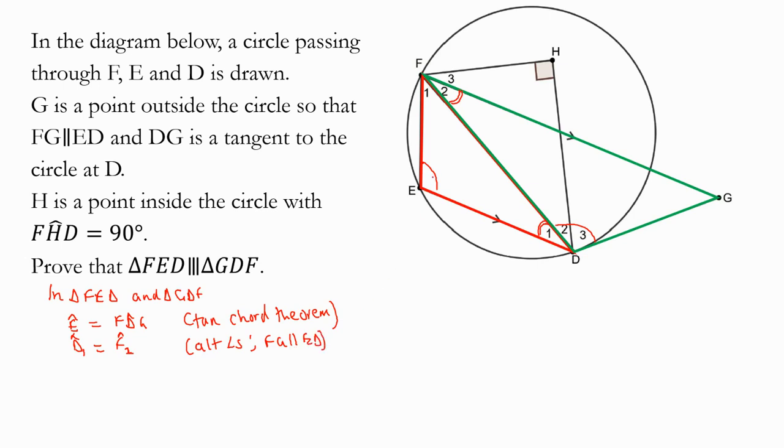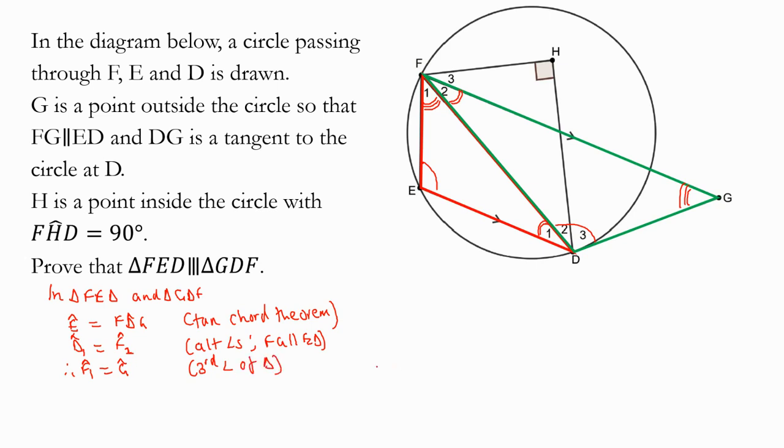And then the third pair here, F1 and angle G. Therefore angle F1 is equal to angle G. This is third angle of triangle.